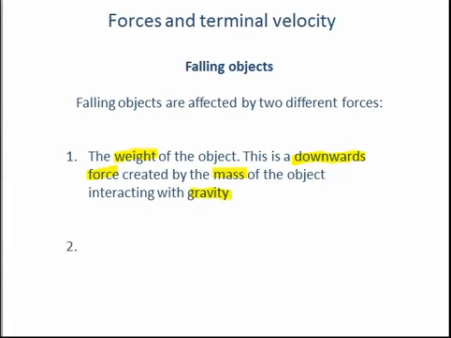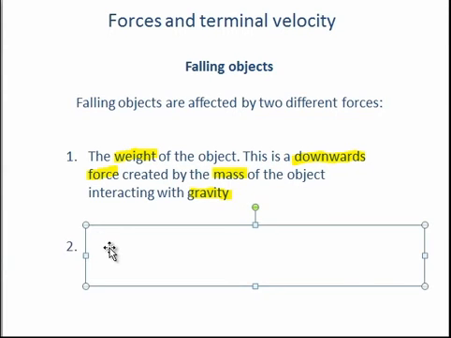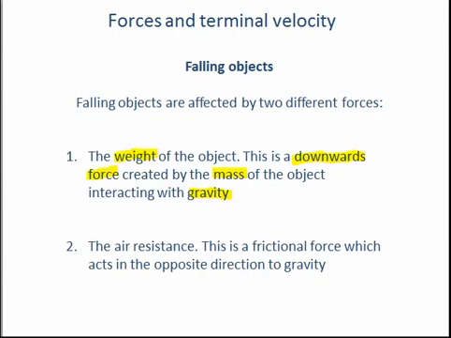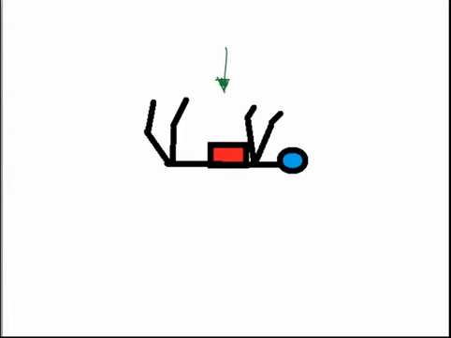But weight isn't the only force which interacts with our parachuter. He is also being affected by air resistance, and we've talked about this before, but for those who don't know, it is a frictional force, and in this situation it opposes the direction of gravity and the force of weight. So therefore it is found in this direction.